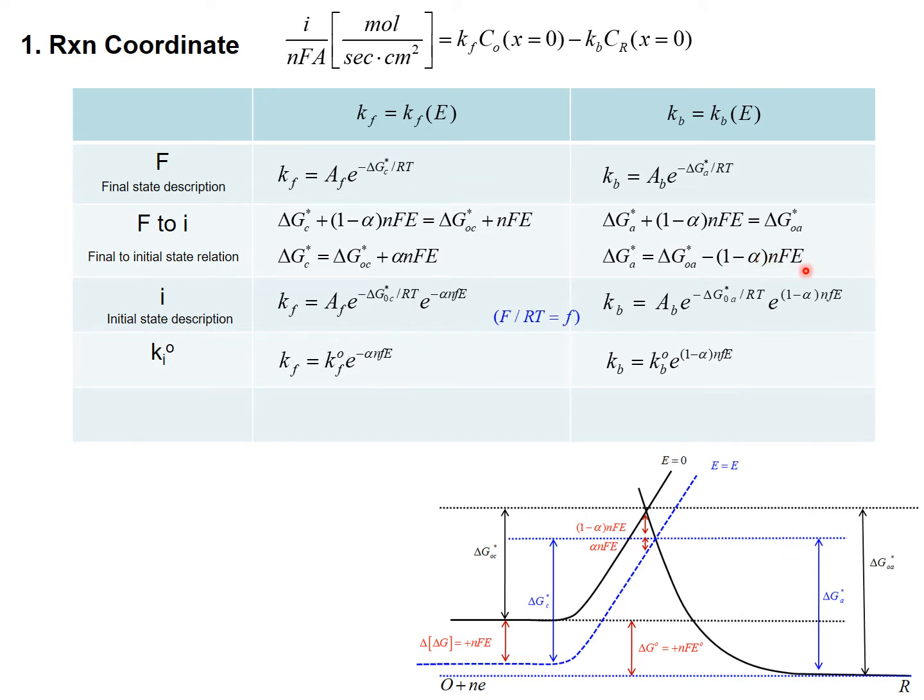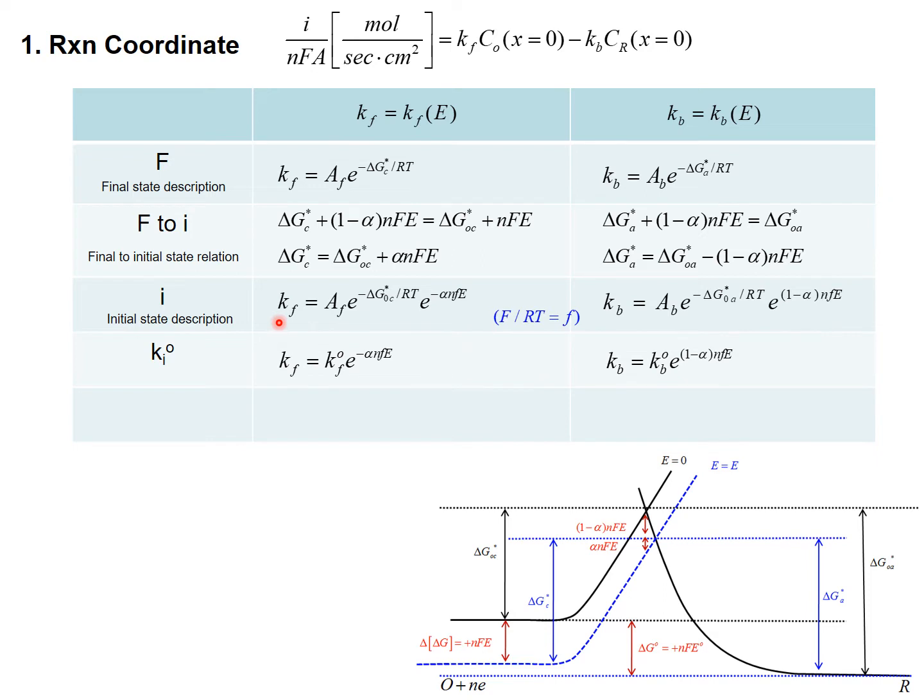Then let me use this relationship. I'd like to describe the forward reaction rate constant with initial state parameters. So we have this relationship and this relationship, and then let me replace the activation energy for the final state with the activation energy for the initial state. So this one goes there. Then finally we have obtained this one.